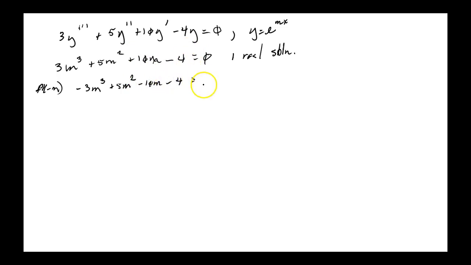Now, same as before, count your number of sign changes. You have one sign change there, a second sign change there, but not a sign change there. So that means you have two, or subtract 2, 0: two or zero negative real solutions.